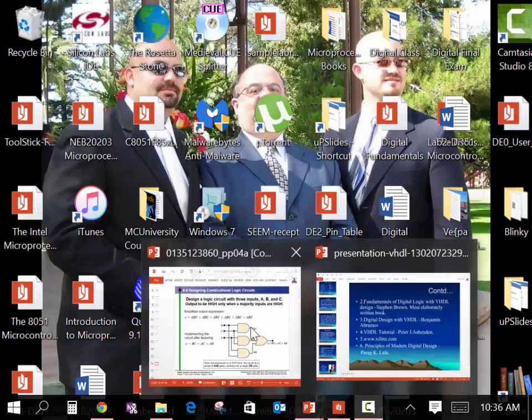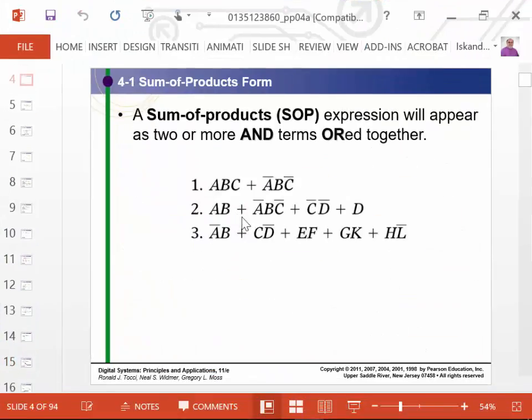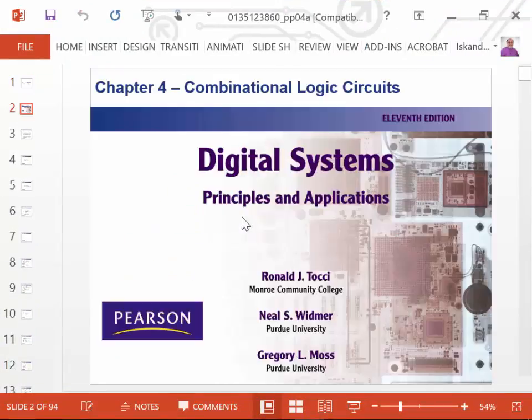So let me go through here. This is the chapter 4 slides out of the Tochi book. As I recall, earlier in the semester I gave everyone copies of Tochi and Floyd. So I'm going back to the Tochi book. The last couple of slides I used Floyd. The material is really the same, but they approach it differently.